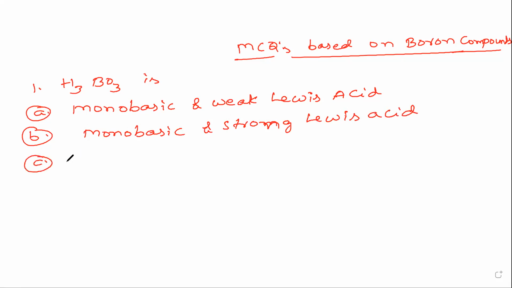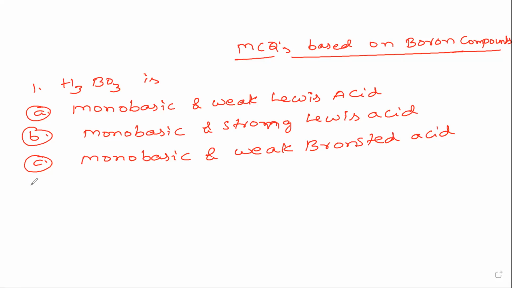Option C, it is monobasic and weak Bronsted acid. And the fourth one, it is tribasic and weak Bronsted acid.